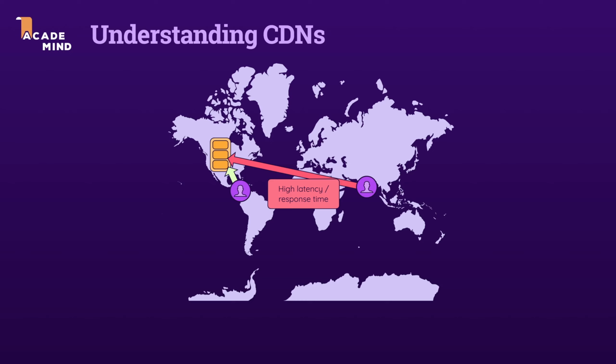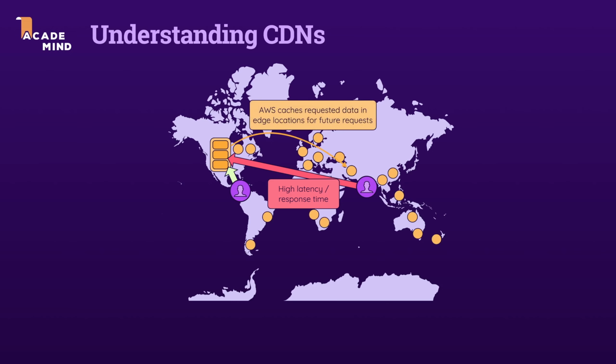That's why you often might want to use another AWS service called CloudFront, which actually distributes cached copies or cached items from your website across many data centers, you could say, all over the world, so-called edge locations, which are also owned and operated by AWS.